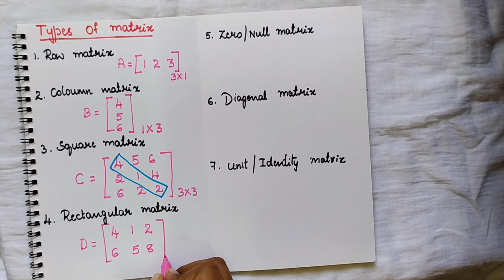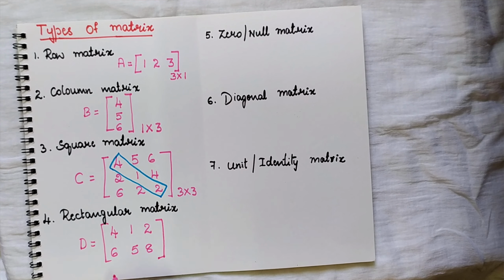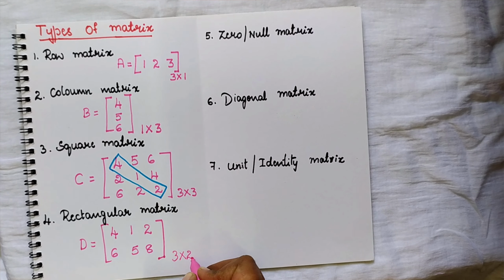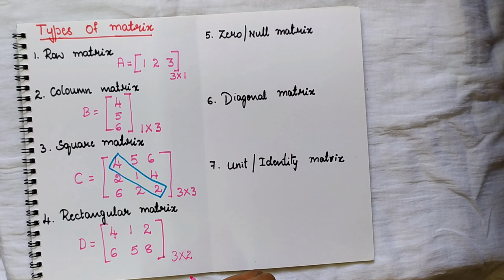Here there are 3 columns and 2 rows. So the order of the matrix will be 3 cross 2, where the number of rows and number of columns are unequal. And this rectangular matrix will never have principal diagonal elements.